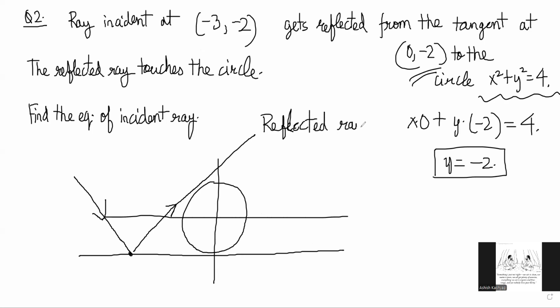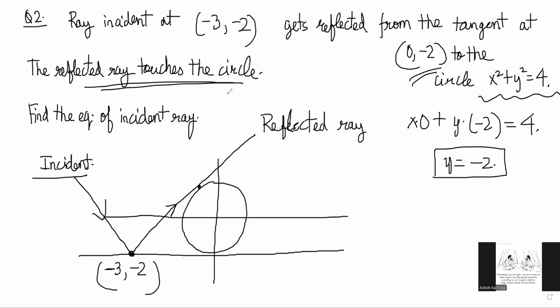Do you understand what I'm saying? Yes. This is the point of incidence. This is the incident ray whose equation we need to find. And this is the reflected ray. The reflected ray is tangent to the circle. Correct? Yes, sir.